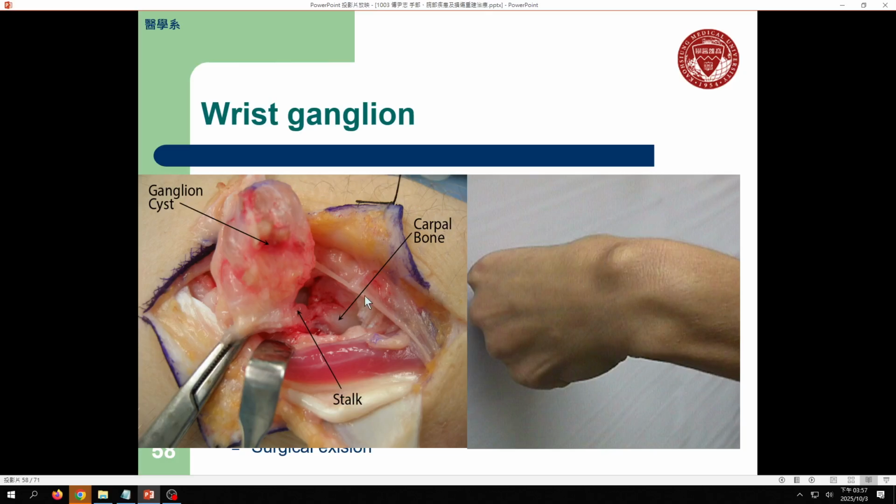And most of them, if they feel hurt or discomfort, then remove the ganglion cyst. But we have to remove the stalk at the same time. If you remove the cap and preserve the stalk, then it will secrete again and form the ganglion again as a recurrence, okay? So if you want to cure it, you have to remove the stalk.